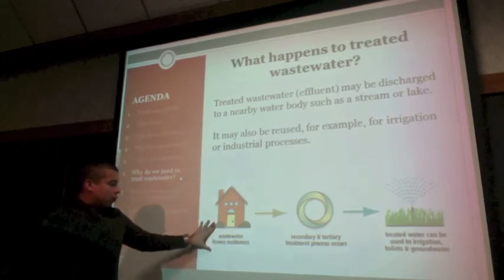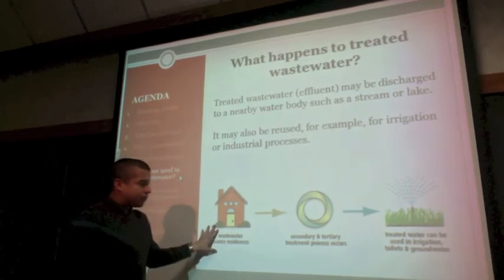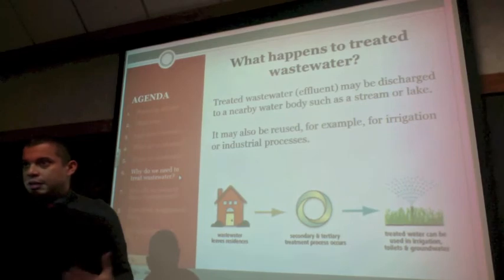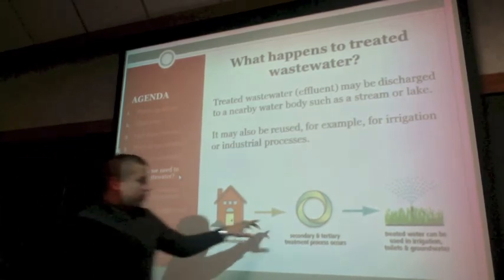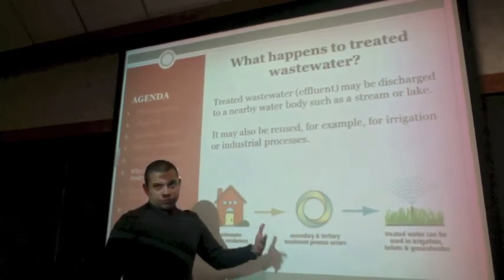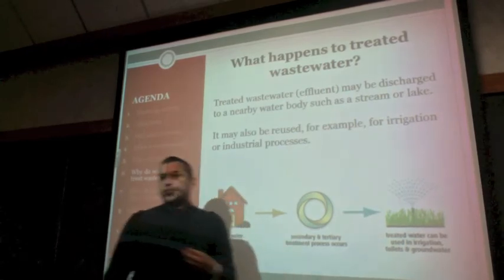When wastewater leaves houses, it passes through a conveyance process before reaching the wastewater plant. In the plant, there are different kinds of processes, mainly secondary and tertiary processes.